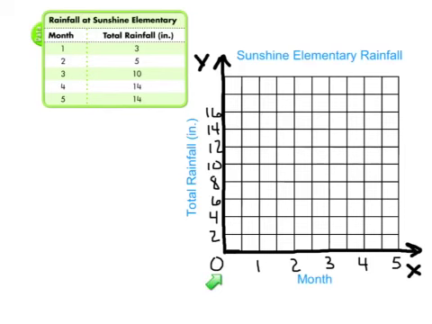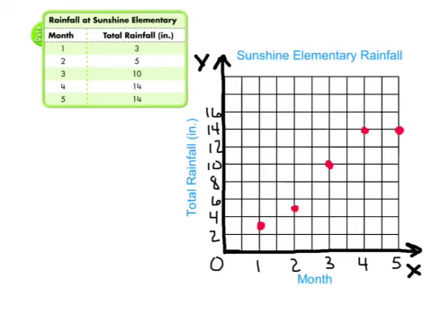Notice I set my interval as I counted by 1's on the x-axis, because that's what the x-axis does over here, or the x-coordinates. Now I counted by 2's over here and didn't skip any spaces because I needed to get all the way up to 14, and if I counted by 1's, I wouldn't be able to do that.